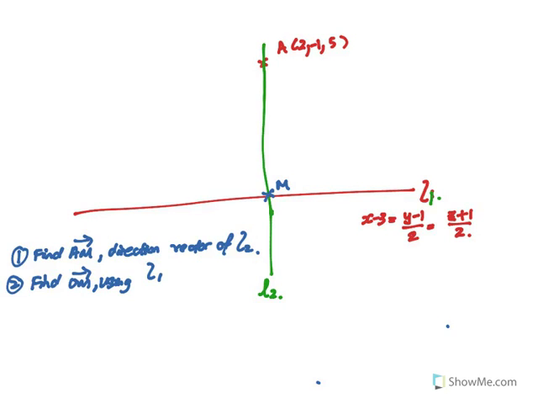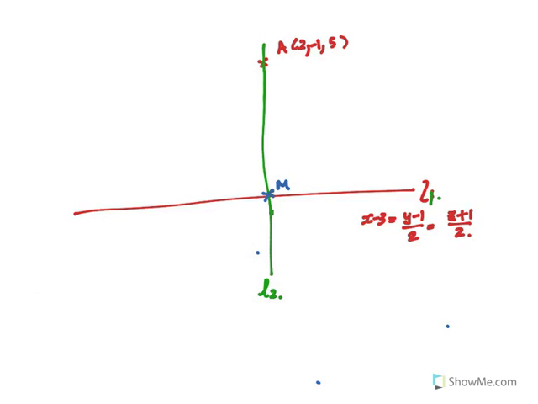So let's look at line 1 first. Line 1 looks like this: x - 3, (y - 1)/2, (z + 1)/2.